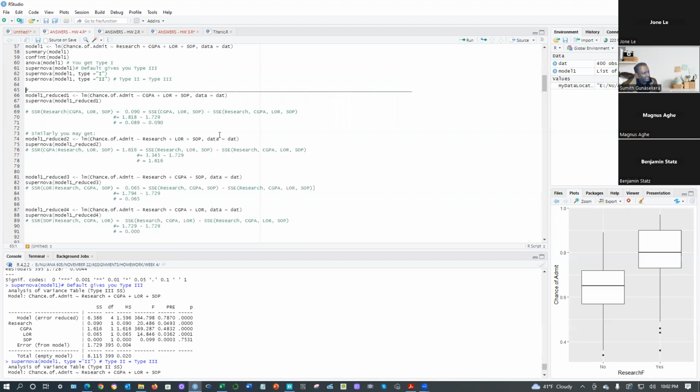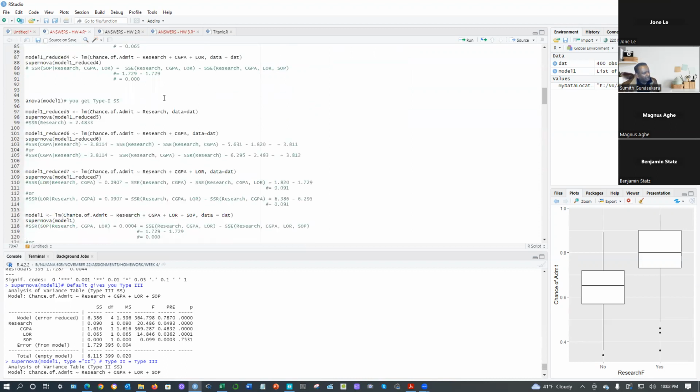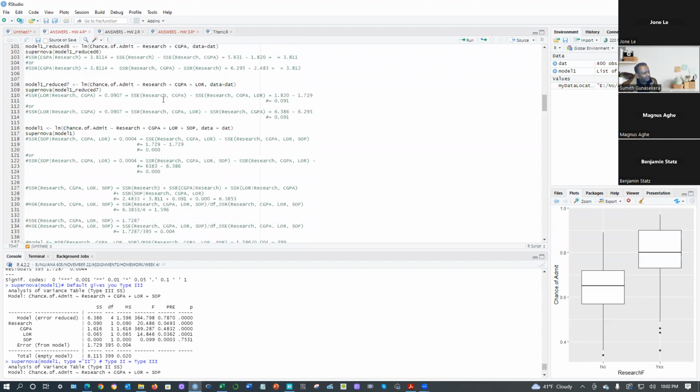So with these three, I ran that one regression and got the SSE, then that SSE minus this one. You can do that regression model with these three and these four, go to the ANOVA table, get those, and then calculate similarly. Okay, Type 1 SS.